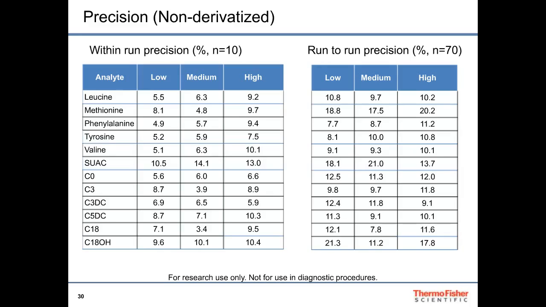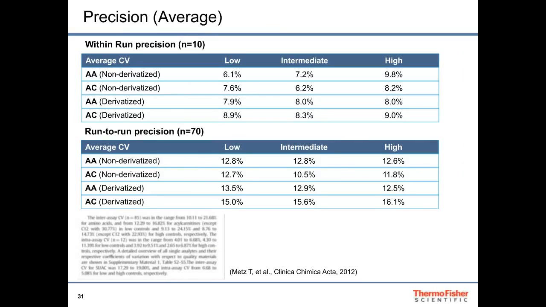Looking at the average precision of all 12 amino acids and 18 acylcarnitines, we see that differences between derivatized and non-derivatized sample sets were not significantly different from each other. These precision values were very similar to those achieved by Metz and others from derivatized sample sets.